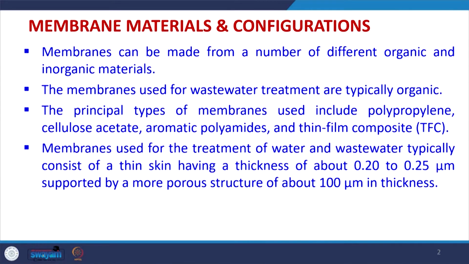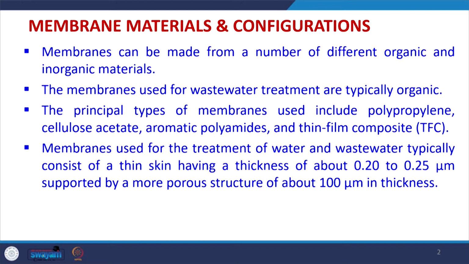Different types of membrane materials are used for making different types of membranes, and these membrane materials may be organic or inorganic. For wastewater treatment, generally the membranes which are used are made from organic materials.